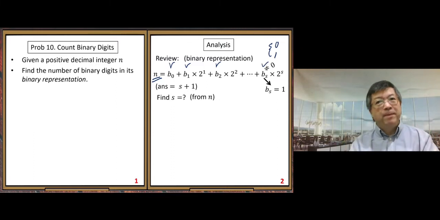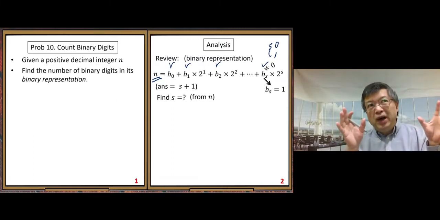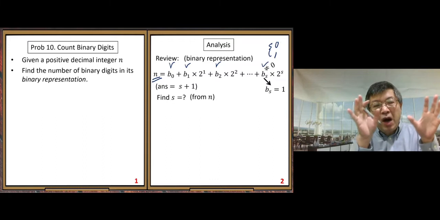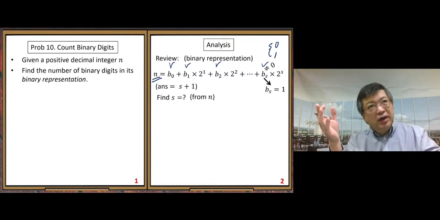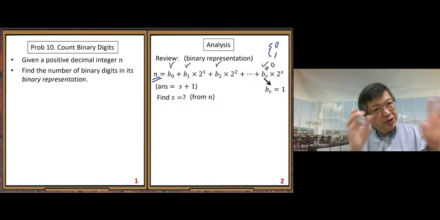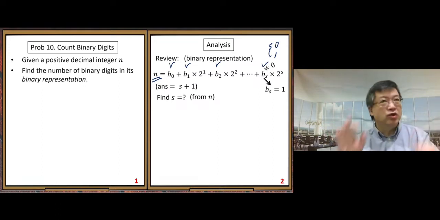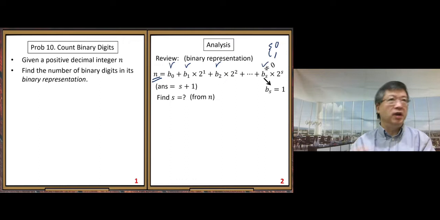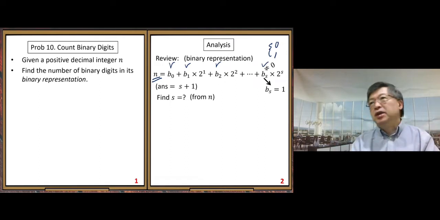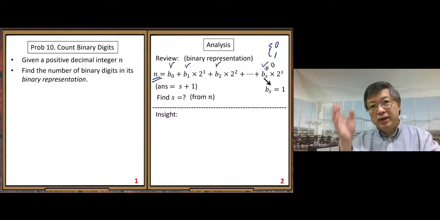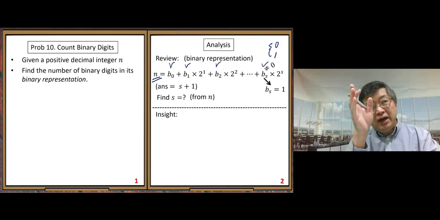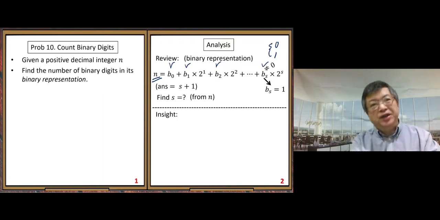But here, we want to understand this problem completely from different angles. You will see I will use two videos, this one and the next one. We will do a lot of analysis and use a lot of steps. First, let's look at the insight of this problem.